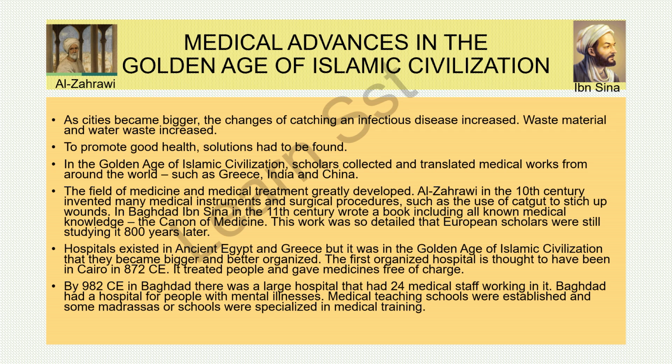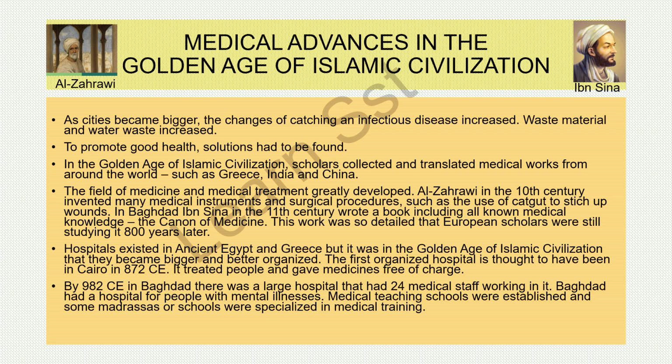Al-Zahrawi in the 10th century invented many medical instruments and surgical procedures, such as the use of catgut to stitch up wounds. In Baghdad, Ibn Sina in the 11th century wrote a book including all known medical knowledge, and the name of the book was The Canon of Medicine.